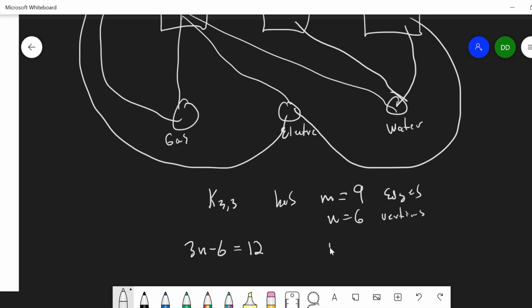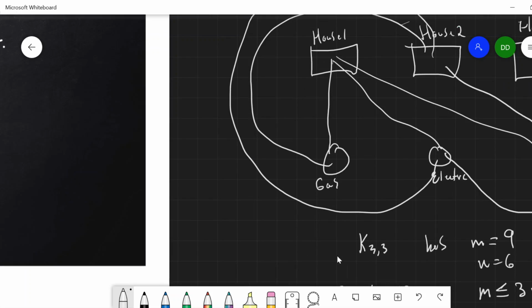So m is less than or equal to 3n minus 6 here. And so theorem 10.4 does not tell us that this is non-planar. Of course, it doesn't tell us that it is planar either. It's just not a proof that it's non-planar. So we have to do something else here.